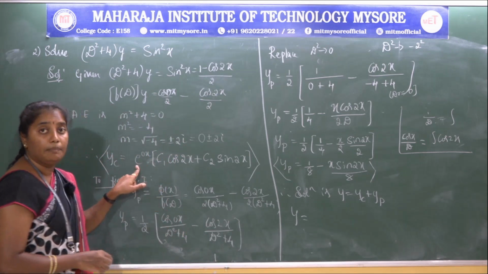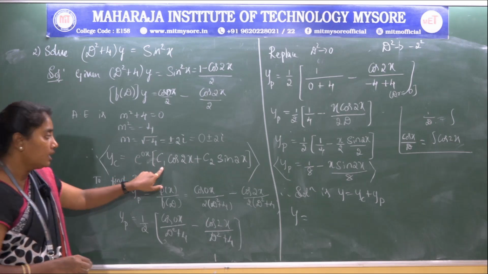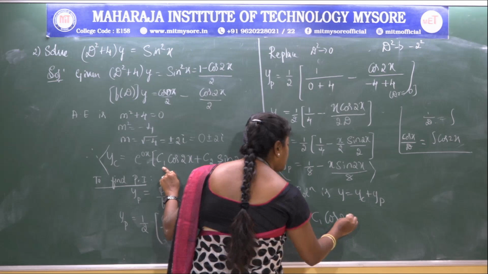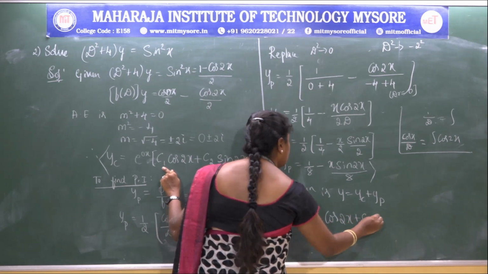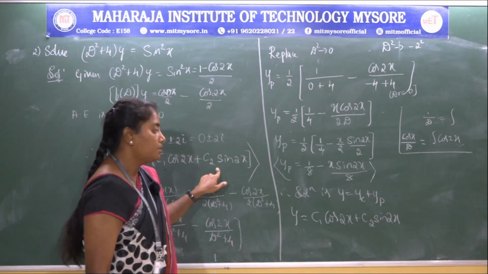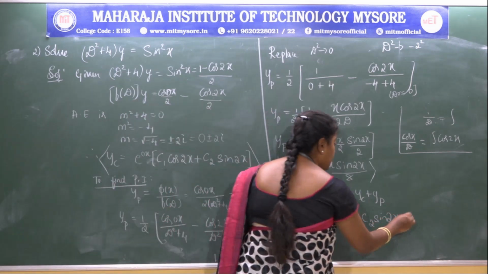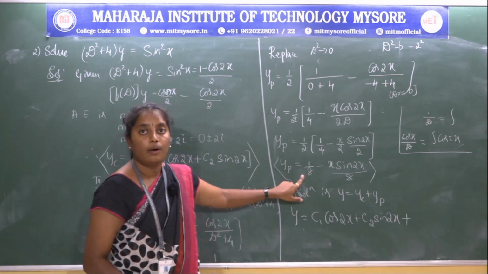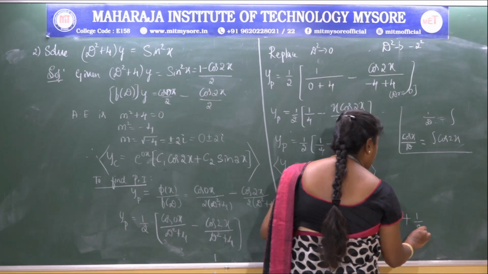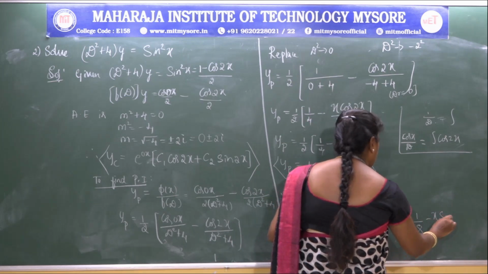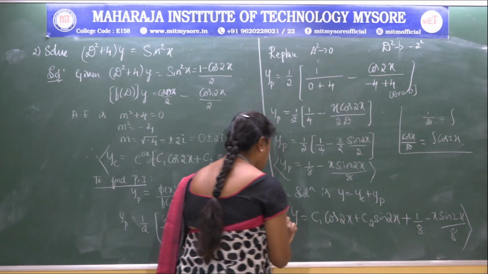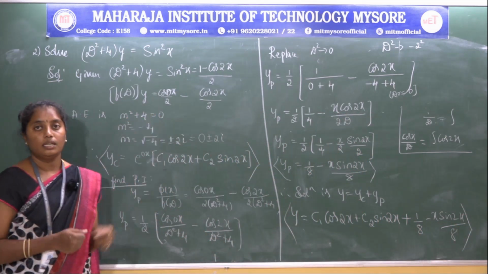Here we have e power of 0x, which is equal to 1, remaining c1 cos 2x plus c2 sin 2x, plus the particular integral value 1 by 8 minus x sin 2x by 8. This is the complete solution of the given differential equation.